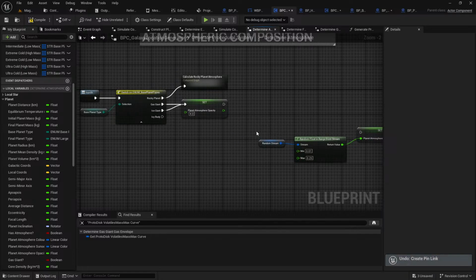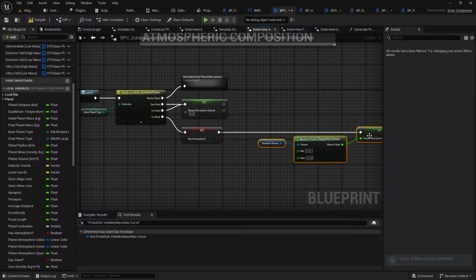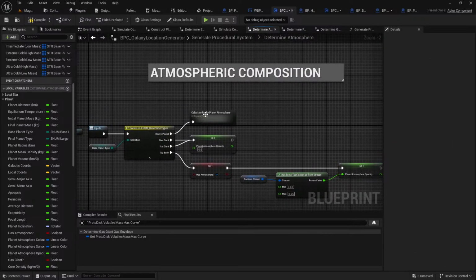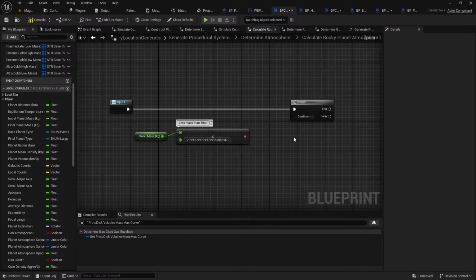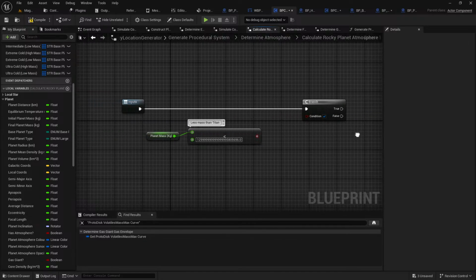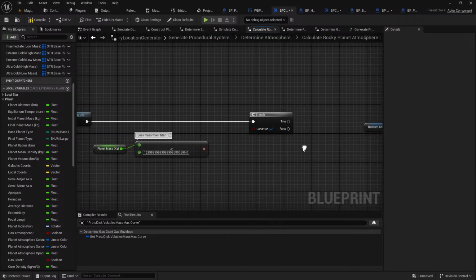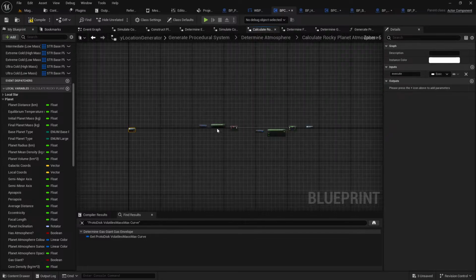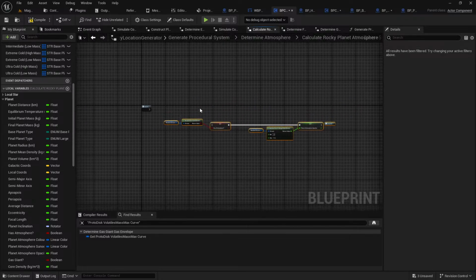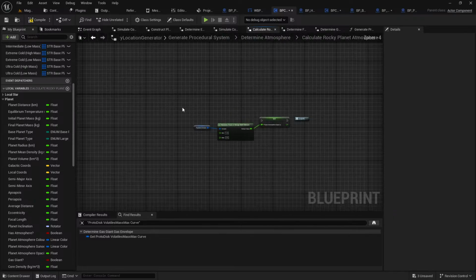Actually, no, we weren't setting those up, so that's fine. Leave that there temporarily. So we don't need to do this, which is what we were going to do to determine if it has an atmosphere. And we don't need to do that either.